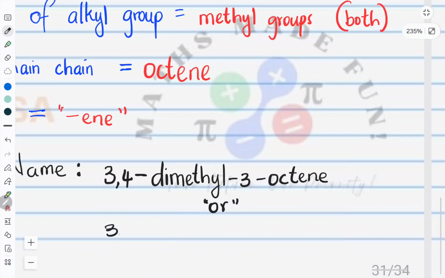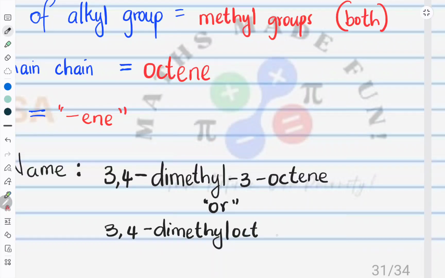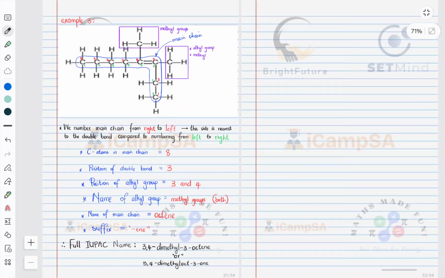We still get our 3,4-dimethyl, but now we say oct-3-ene. That's another way. All right, so that's what we would typically do for these alkenes.